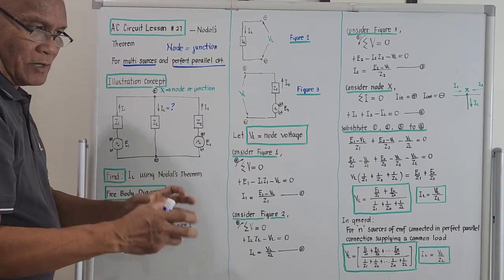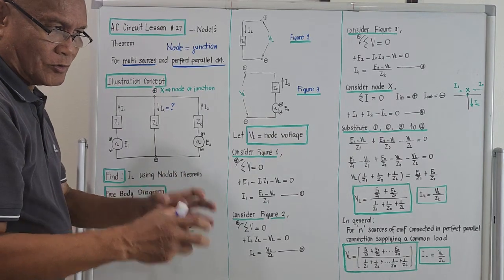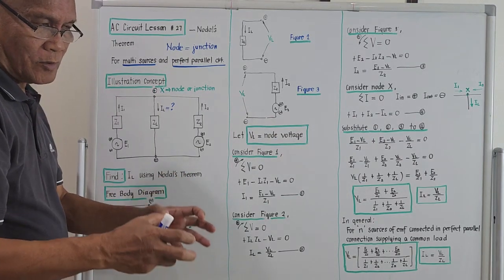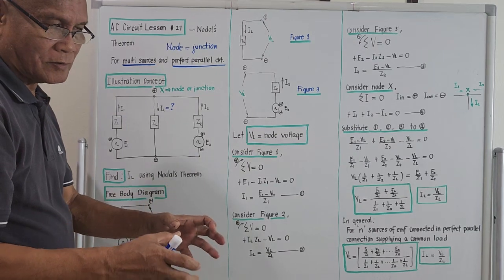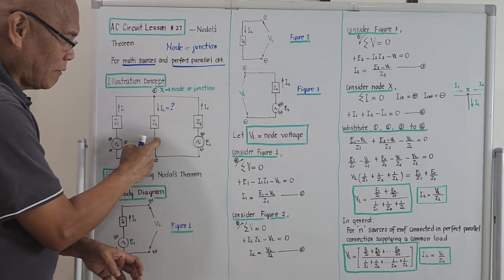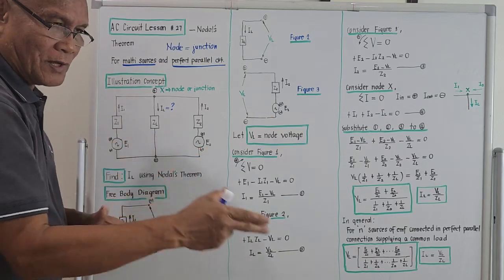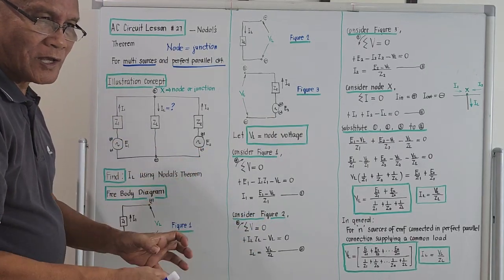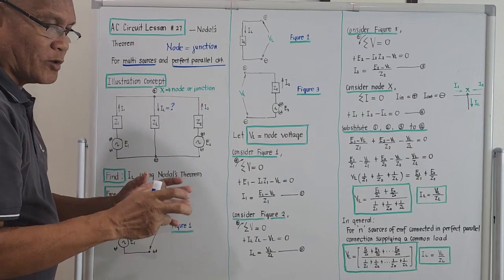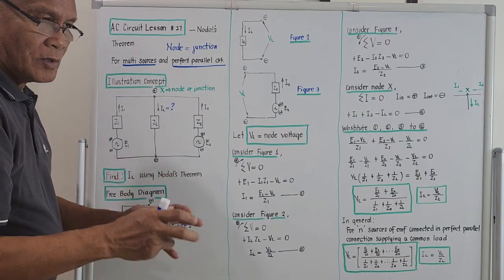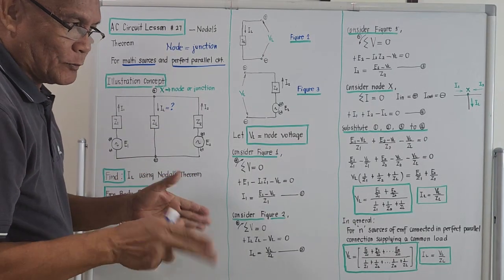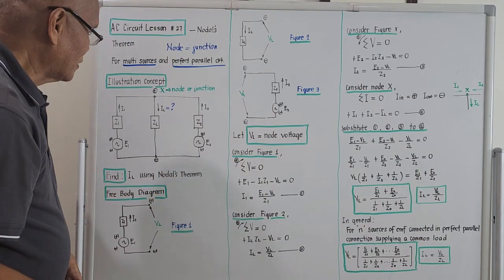The internal impedances are taken into consideration when computing the total current delivered to the load Z sub L. So Z1 and Z2 are not simply impedances; they are the internal impedances of the alternators, and we must take them into consideration for the computation to be accurate.